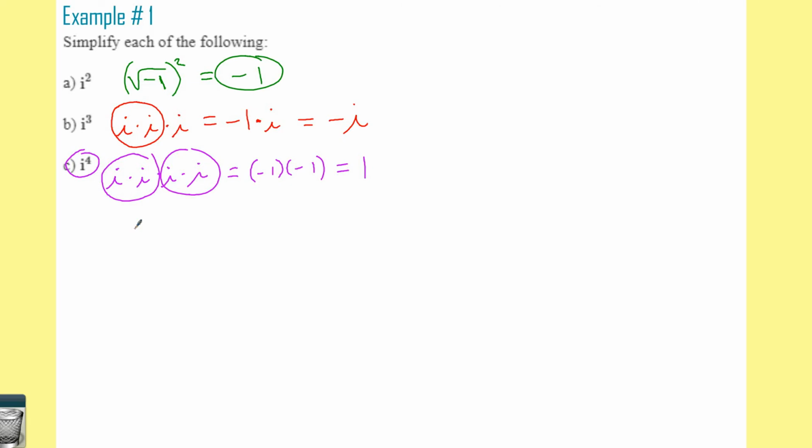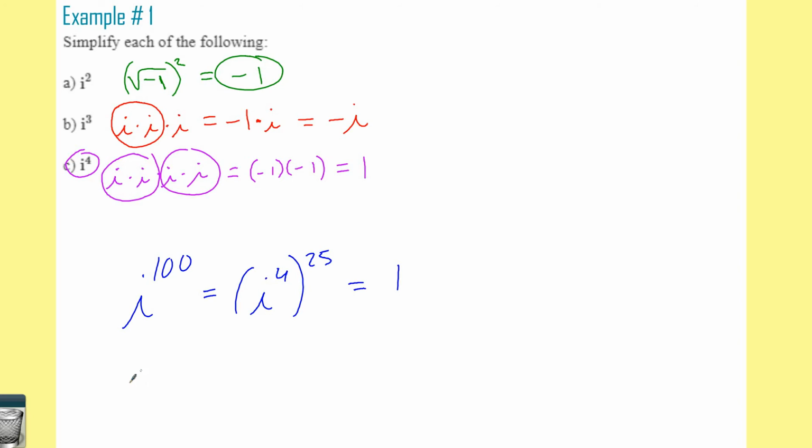All right, so let's see. Keep it going. So I like to do, what if I had i to the 100? Well, isn't that just 25 groups of 4 i's, right? So really, if I have 100, it's just 1. And that's what's kind of nice to know about that trick.